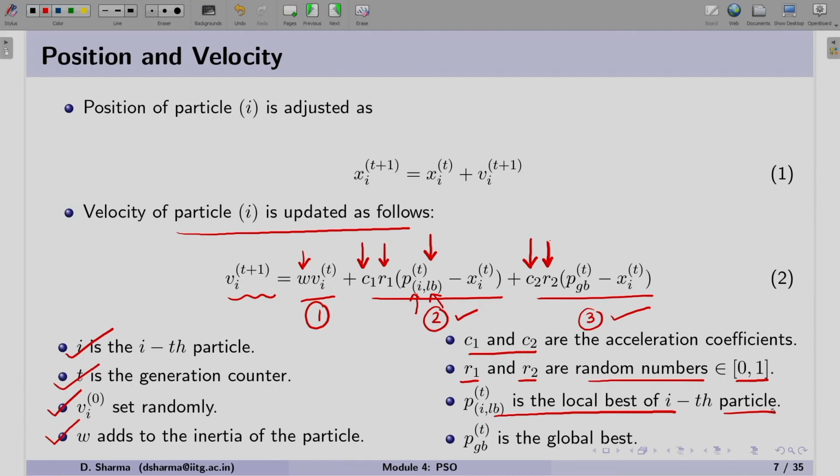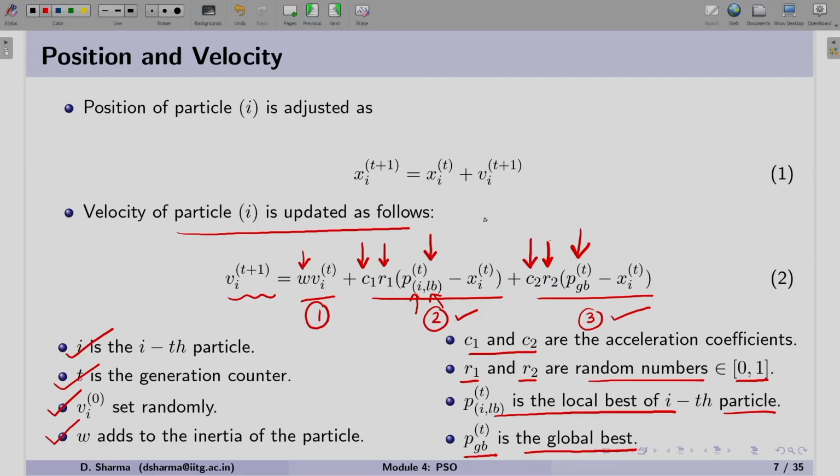Similarly, if we look at the third component in equation number 2, this is PGB. At the bottom of the slide we can see that this is called the global best, and we know this global best is calculated with respect to the swarm.